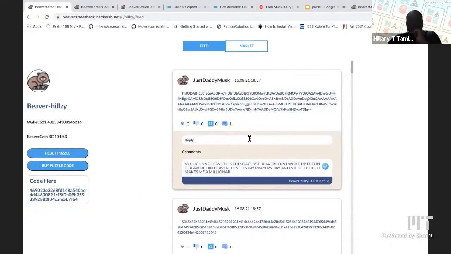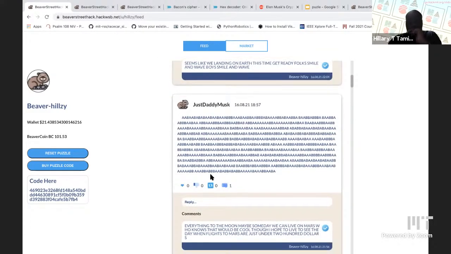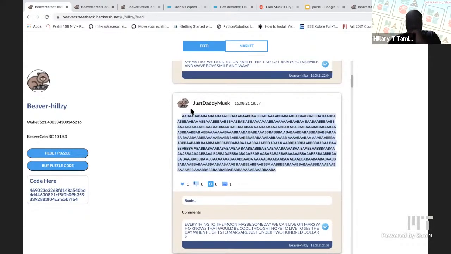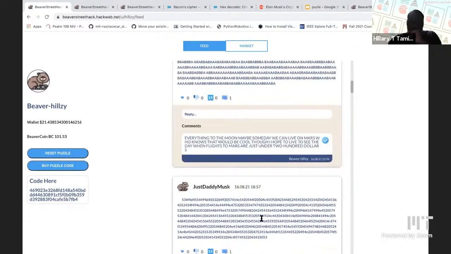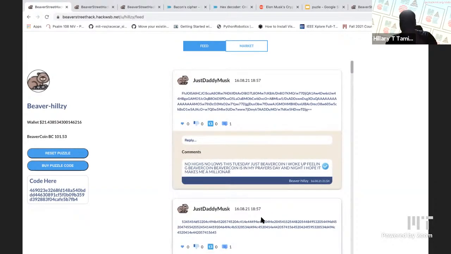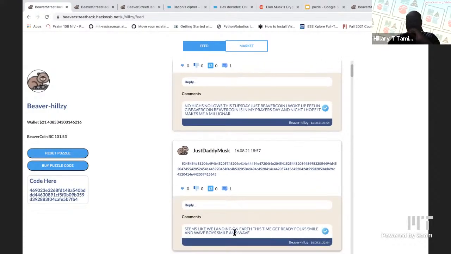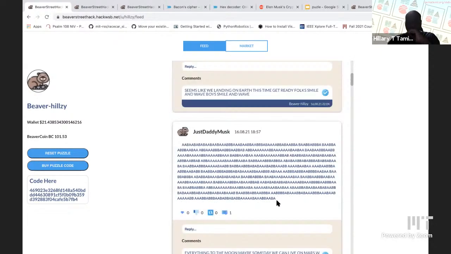And the idea was that if you solve all the other encryption types, the A's, the Bacon ciphers, and also the Hex ciphers, you should be able to get about 16 tweets that are pretty unique. And the remaining 8, you would have to reset the puzzle and then get the other 8, maybe based on luck.